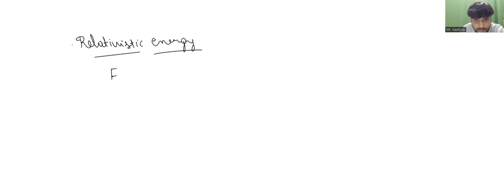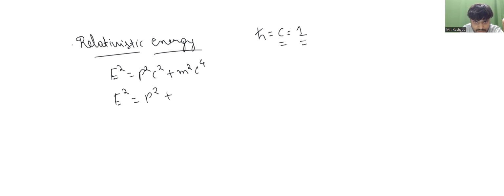E squared is equal to p squared c squared plus m squared c power 4. In the previous slide, we said h cross is equal to c is equal to 1. So we are going to put the speed of light equal to 1 here. So E squared is equal to p squared plus m squared, right?